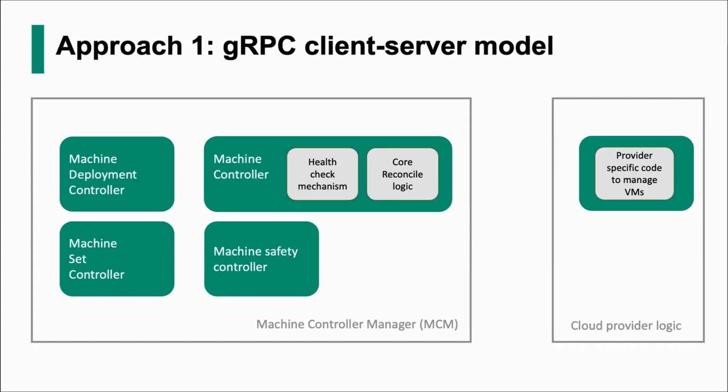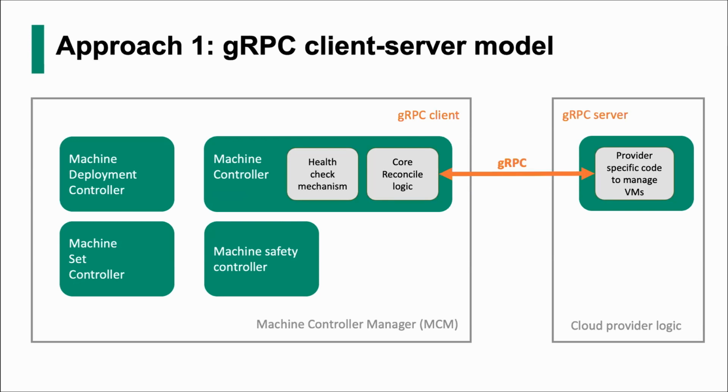So what we did with approach one was our first model that we looked at, and this is very similar to how the CSI drivers work in Kubernetes. We moved the provider specific code out into a separate binary, and retained all the components of the MCM as before in the single binary, but moved the provider specific code to another one, which you see on the right side of the screen.